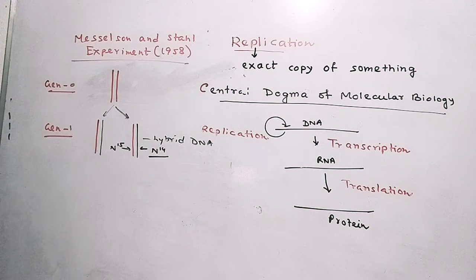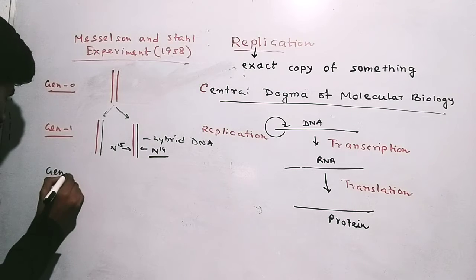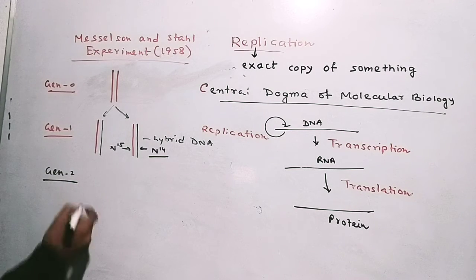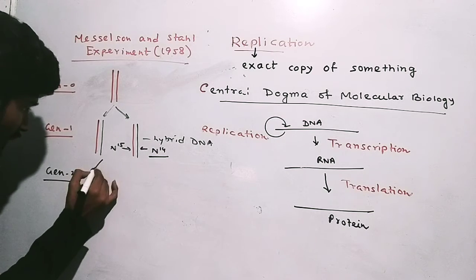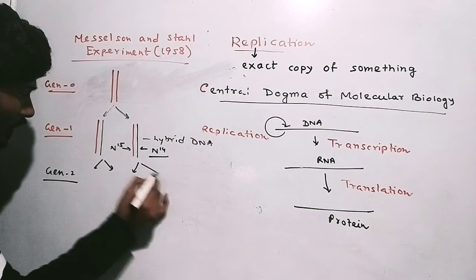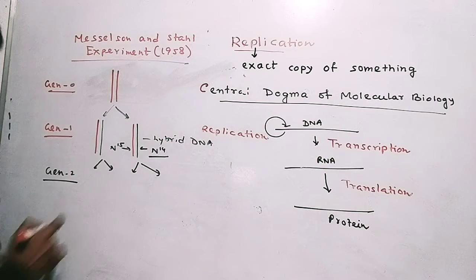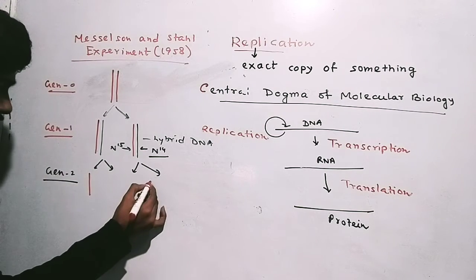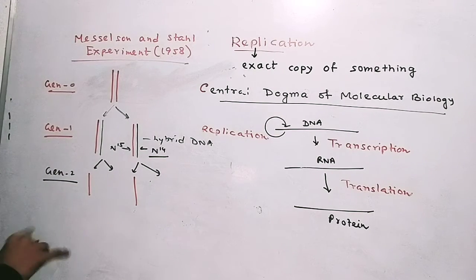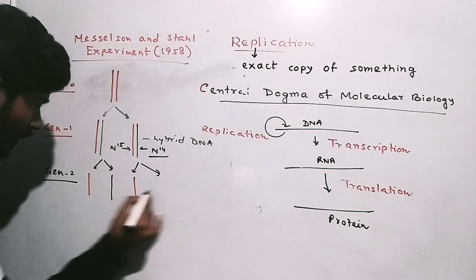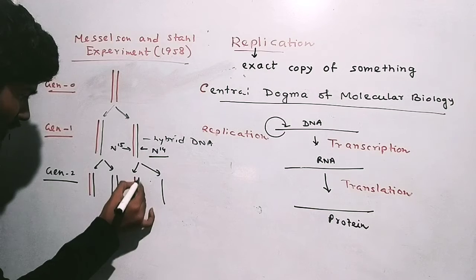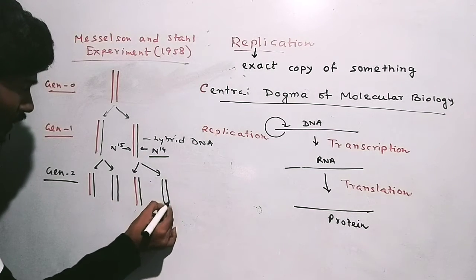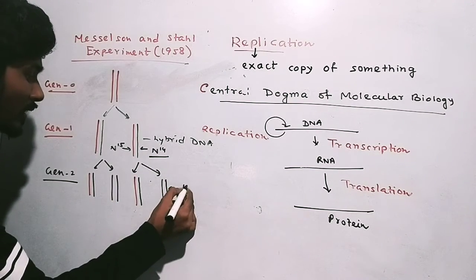Okay, now after that, in generation 2, they got a very significant result. You can see that this strand comes here, this strand comes here, but here the new strands were all N14 containing strands.